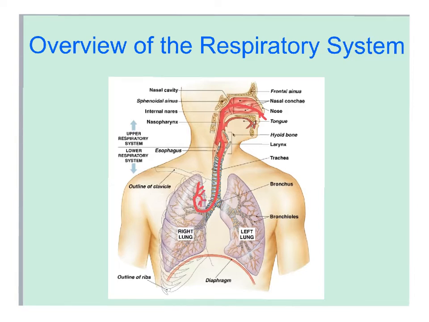And at the very tips of those bronchioles are these little grape-like sacs called alveoli, and that's where gas exchange is going to occur. So that's the route we're going to take.